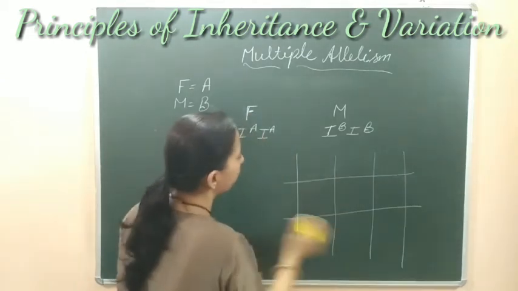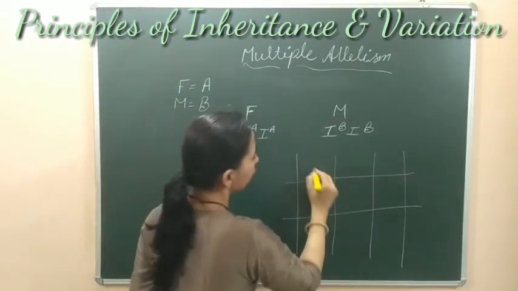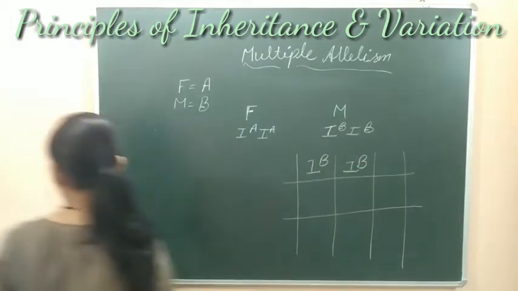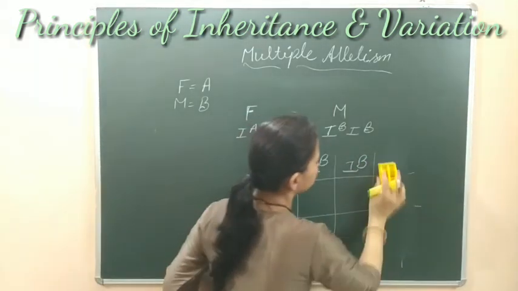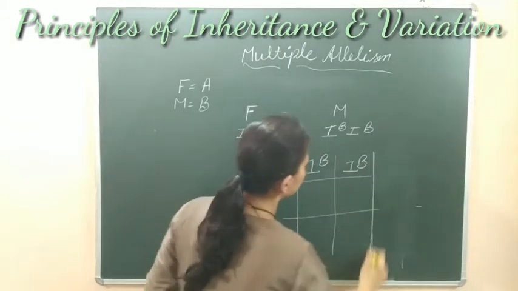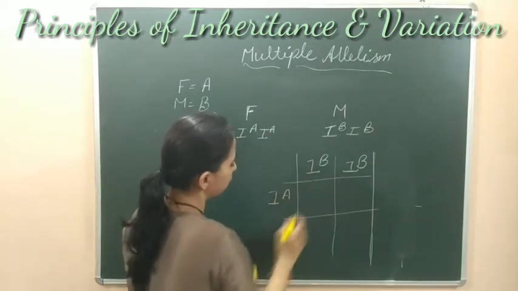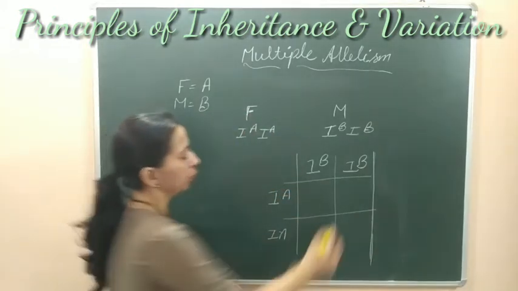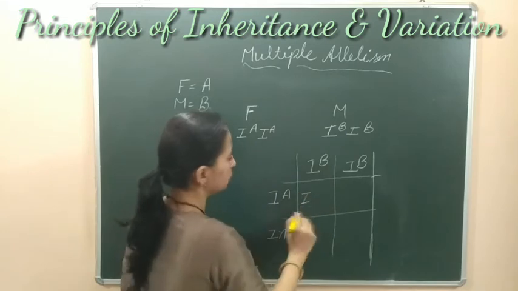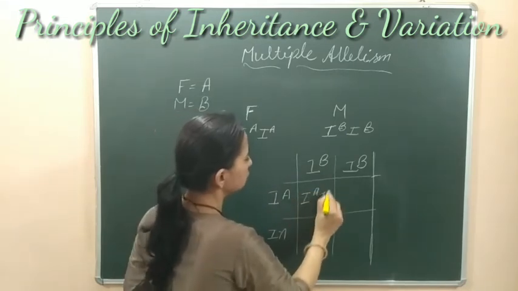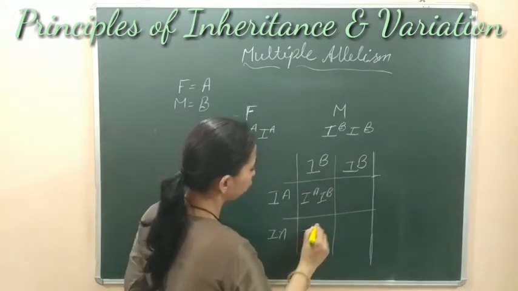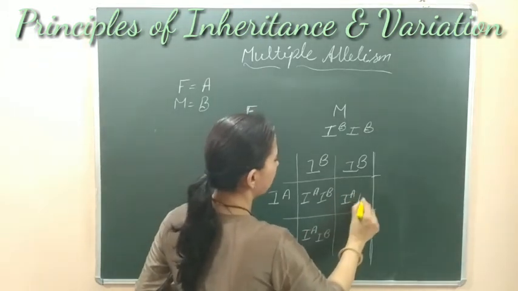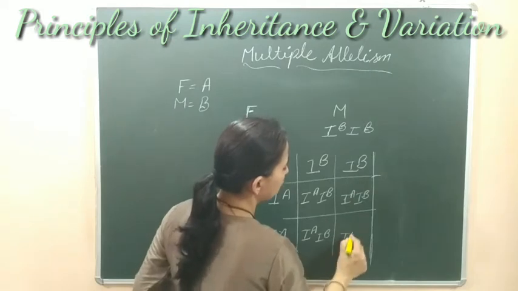The gametes formed by the mother are IB, and the gametes formed by the father are IA. When these fuse together, the possible genotype of the blood group will be IA IB, or AB.